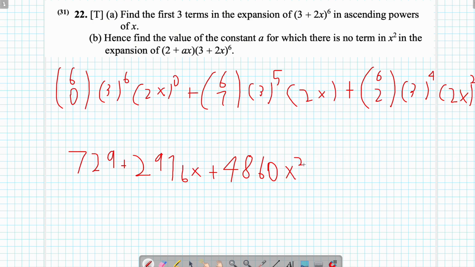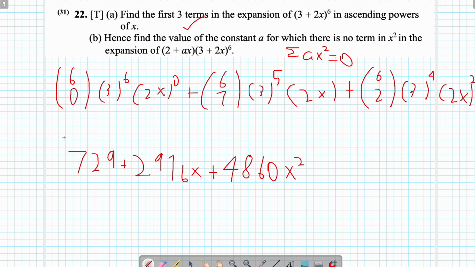And again, they want where there is no term in x squared, so the sum of the ax squared terms is equal to 0. Like this, we're done with part A.